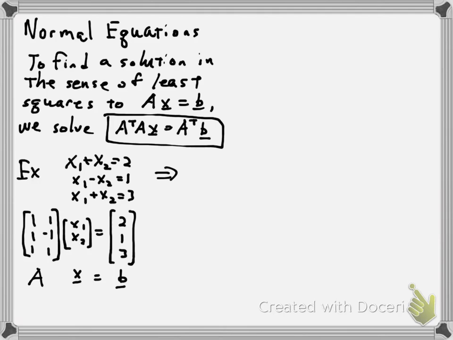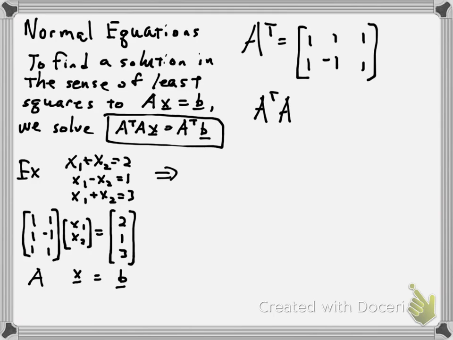However, we can solve the normal equations to find our least squares solution. So our A transpose is, of course, we take each column of A and write it as a row of A transpose. If we multiply A transpose times A, I'm not going to write out the details here.